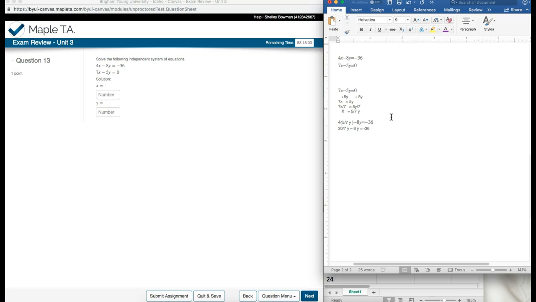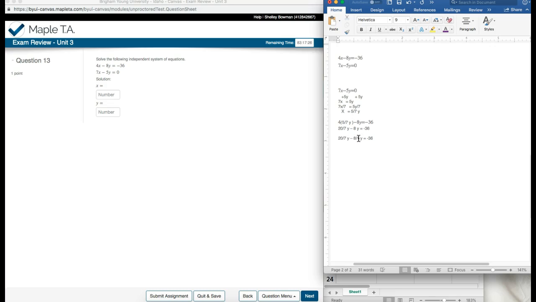Now to combine the y's, some of you might feel more comfortable changing that to a decimal, and then continuing on to solve for y. I'm going to leave mine in fraction form and just find a common denominator. So I'm going to copy this for my next step so that I can stay consistent here, and paste, and then find a denominator. Since 8 does not have a denominator, I can put it over a 1, and then the common denominator would be the lowest common multiple between 7 and 1, which is 7.